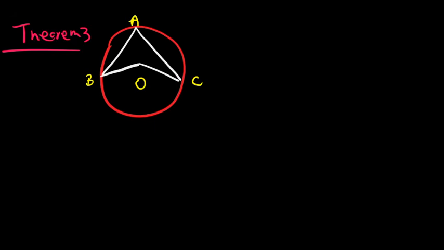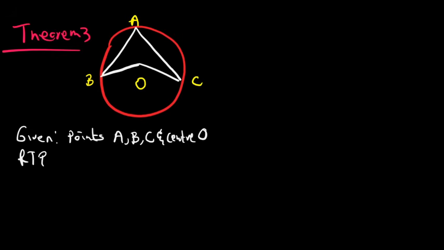So here you're given points A, B, C, and center O, right? And we are required to prove that angle BOC is equal to twice angle BAC, right? So you're required to prove that this angle here is twice this angle here, right?